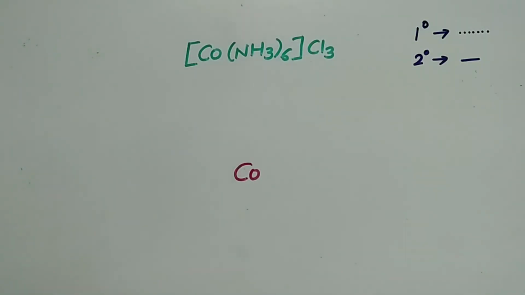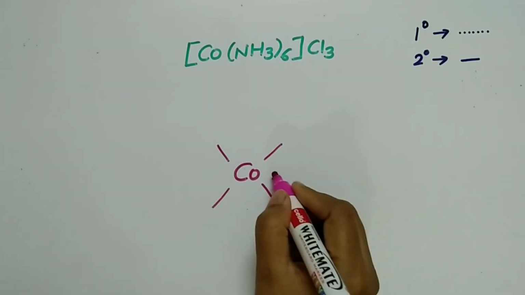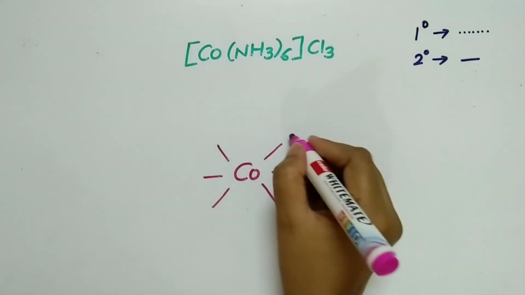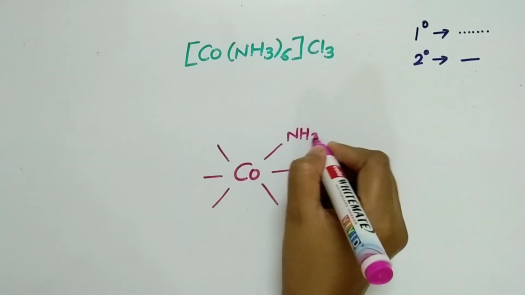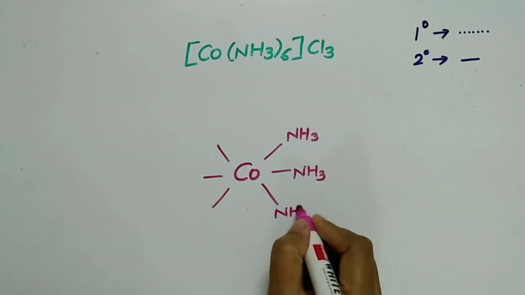So that is a ligand here. The ligands we will show with solid lines, correct? 6 ligands, that means it is octahedral. So 1, 2, 3, 4, 5 and 6. Everywhere I will write it as NH3. 6 ligands I have arranged here.